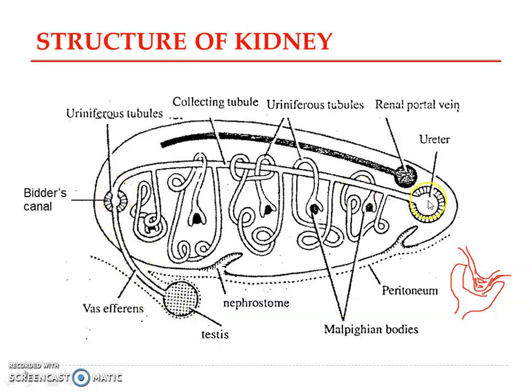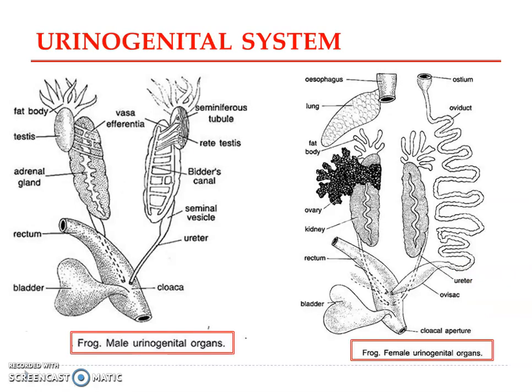The Bidder's canal is connected to the ureter through the transverse collecting tubule. The sperms pass through the vasa efferentia, enter the Bidder's canal of the kidney, and from there pass into the ureter, and through the ureter reach the cloaca.